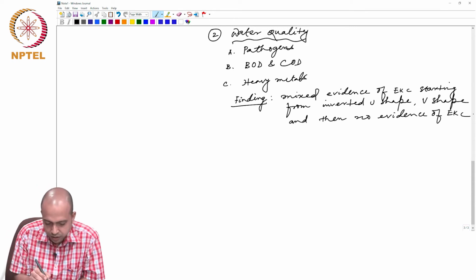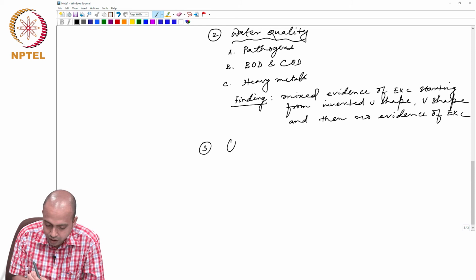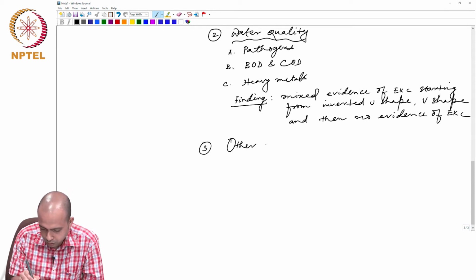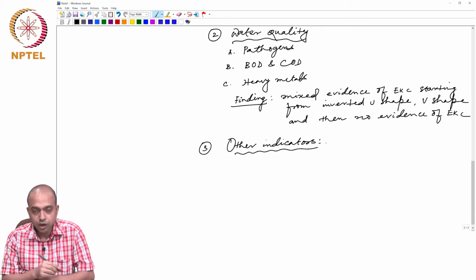And thirdly, environmental quality can be measured by other indicators as well. What are the other indicators that are used to measure environmental quality?